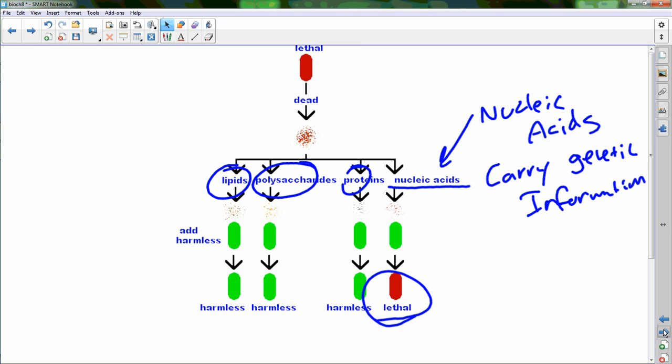Okay? But the problem is a nucleic acid is actually made up of a DNA strand, but there's proteins that DNA strand is wrapped around. And so your basic nucleic acid is going to have DNA and its own proteins.